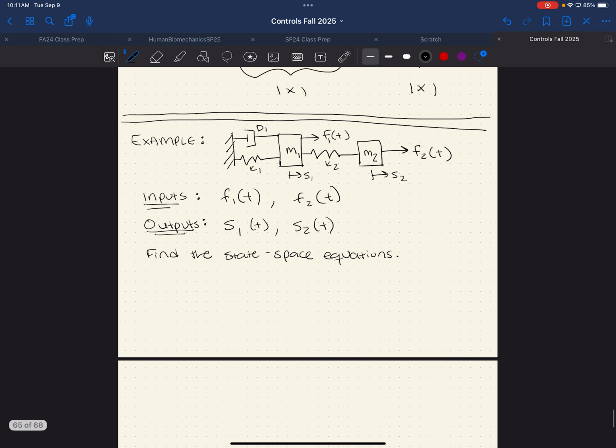All right. Let's find those state space equations. Remind me, what is the state space form? I want someone on the left-hand side over here to tell me. Don't be shy. Don't make me call on you either.